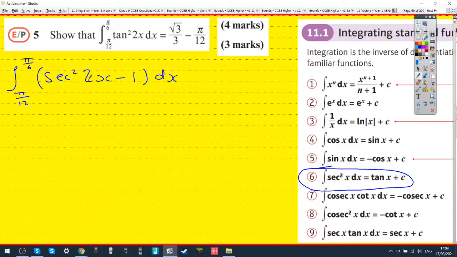This is sec squared 2x. So tan 2x plus c. Yeah. This is an area type, so c will be 0.